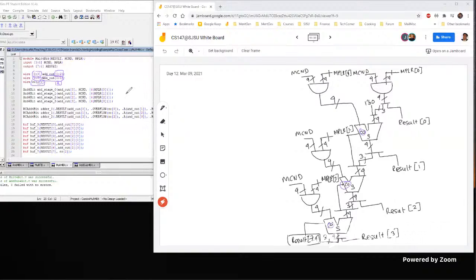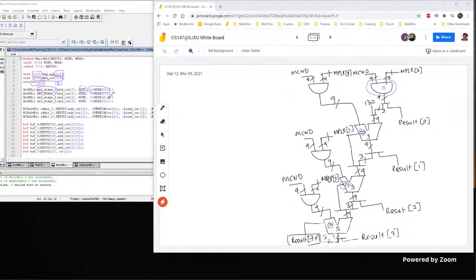And then the first AND stage, 0, is this one. It is the 4-bit replication of multiplier 0 with the multiplicand, exactly what we are doing right here.